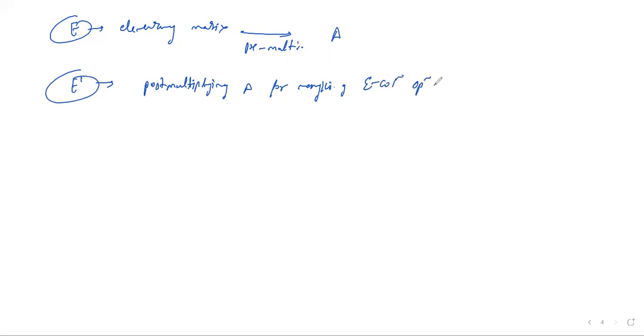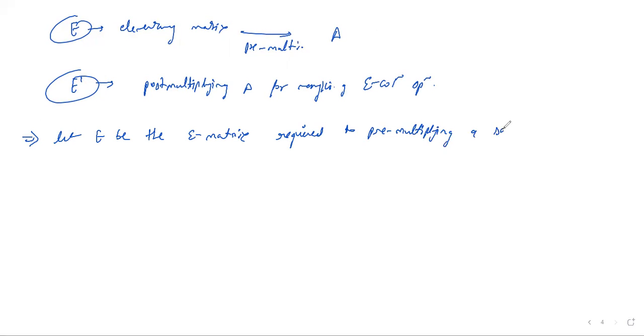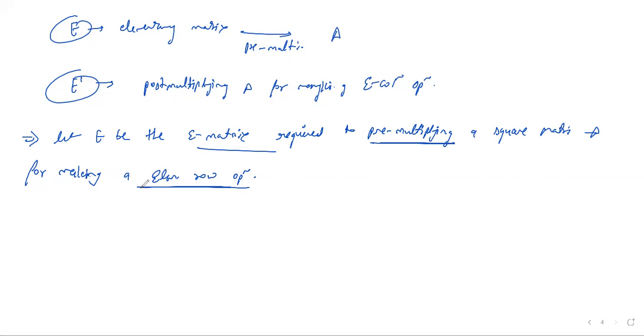Let's write it clearly: let E be the elementary matrix which is required for pre-multiplying a square matrix A for making an elementary row operation.